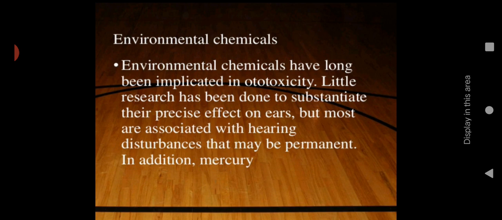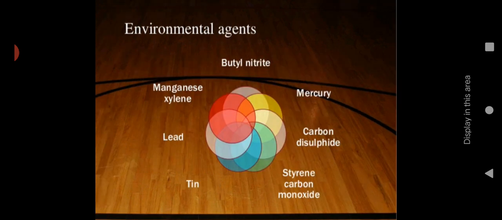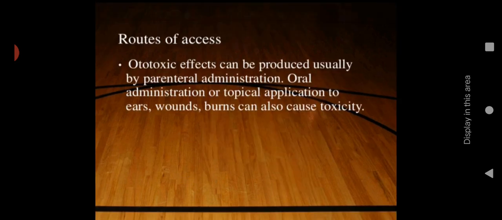Most of them are associated with hearing disturbance that may be permanent. Examples are butyl nitrite, mercury, carbon disulfide, styrene, carbon monoxide, manganese, silane, lead, and tin. These are certain examples.